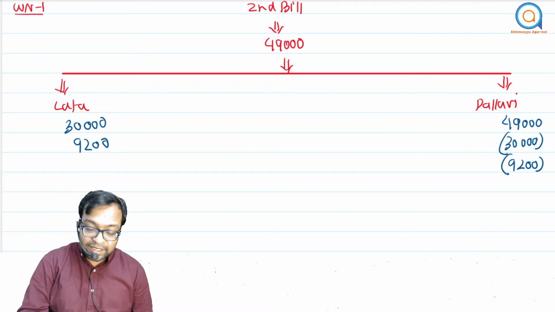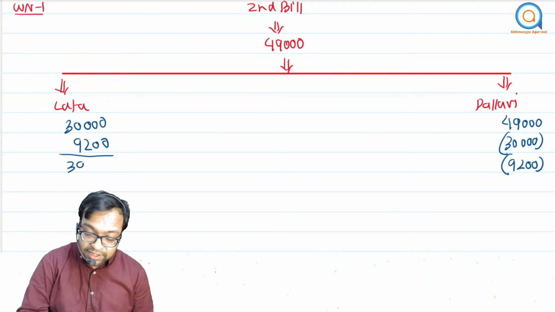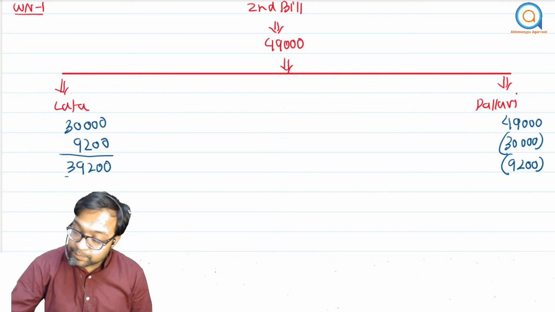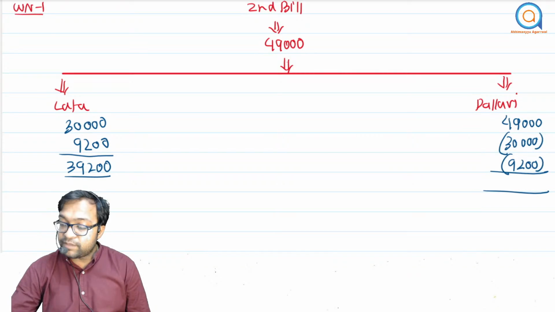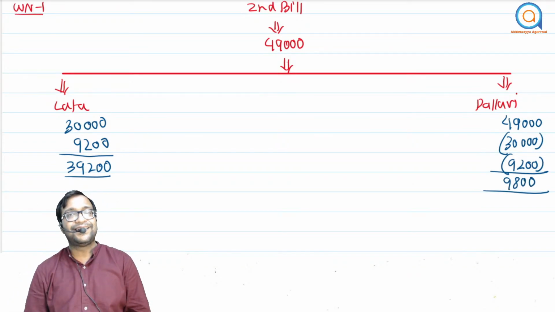So basically today Lata is using how much cash? 39,200. That is 49,000 minus 30,000 minus 9,200. And Pallavi is using how much? 9,800 from the second bill.